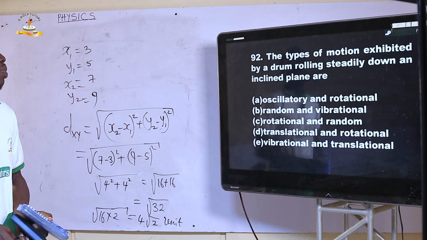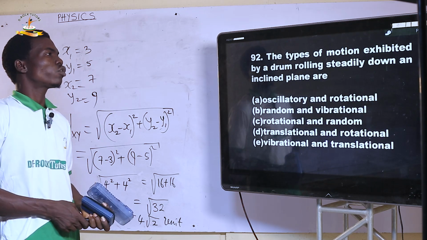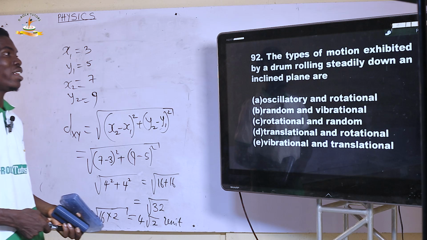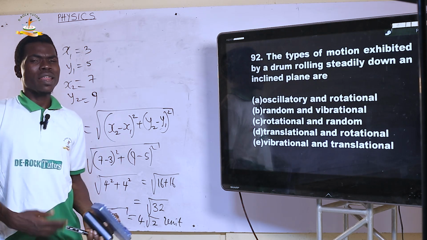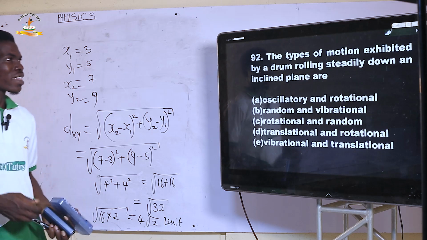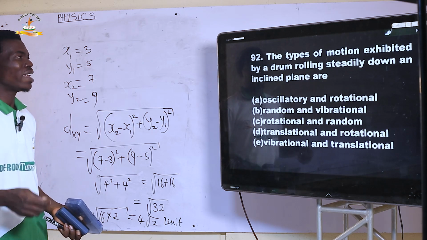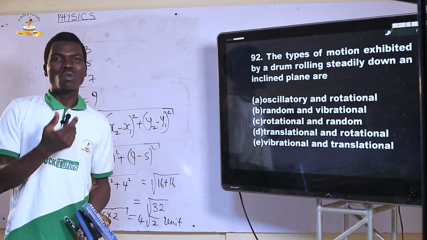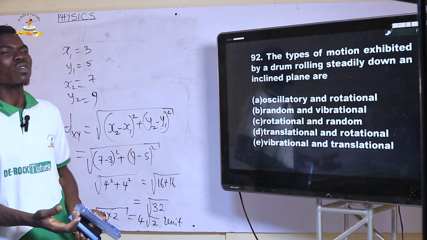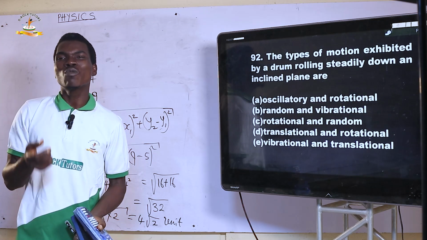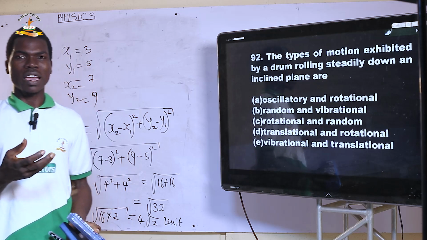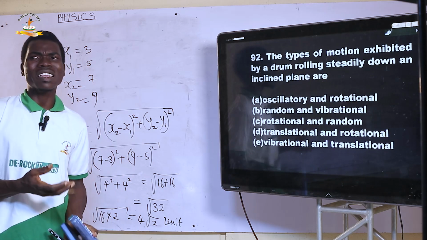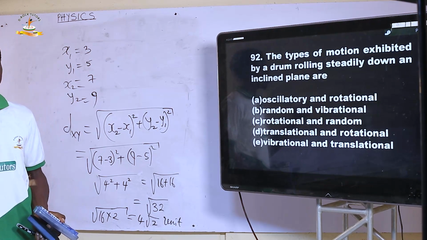Next. 92. The types of motion exhibited by a drum rolling steadily down an inclined plane are. Now, when a drum rolls steadily down an inclined plane, the words used in these questions are very important, and we need to understand the words used in the question before we can know what the question is actually talking about.